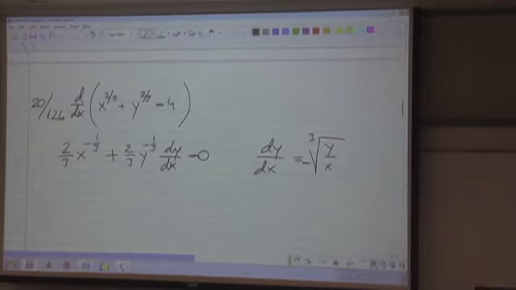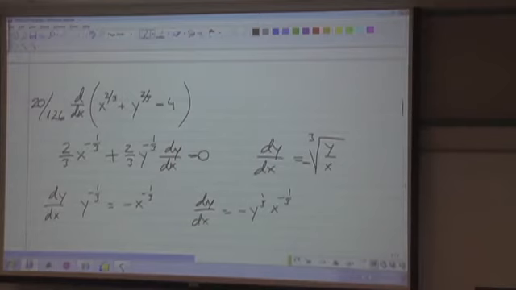Okay, first of all, notice that you can divide by 2/3 both sides, and that disappears, right? And so you have dy over dx times y to negative 1/3 equals minus x to negative 1/3. So now if you multiply by y to 1/3 both sides, you'll end up with dy over dx is equal to negative y to 1/3 x to negative 1/3.